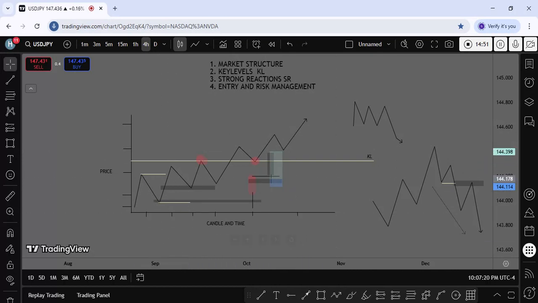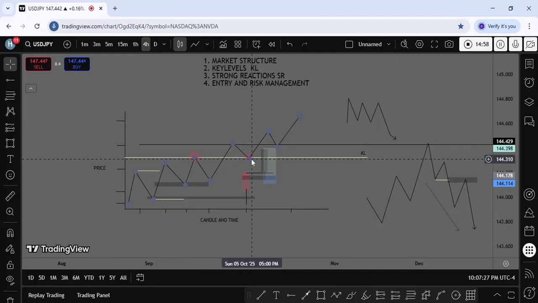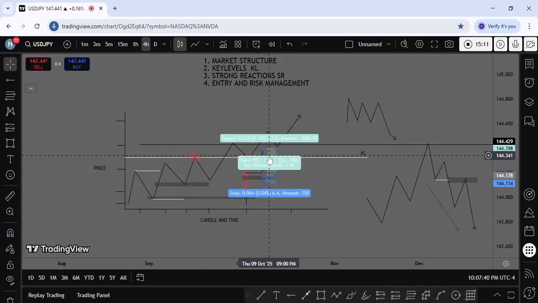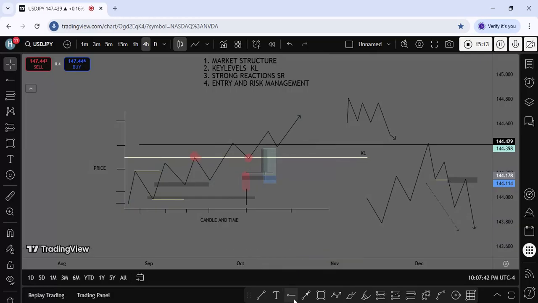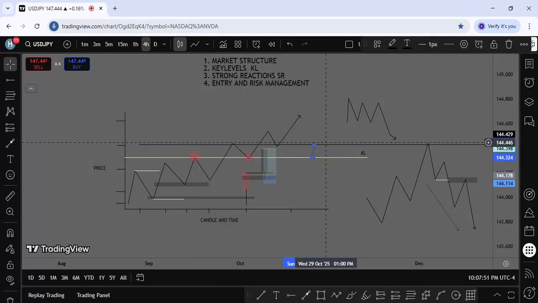So from this key level to this key level, because this is a key level, it has two touches on it, price is respecting this place, also this place, and this place. So we can trade from this key level to this key level.